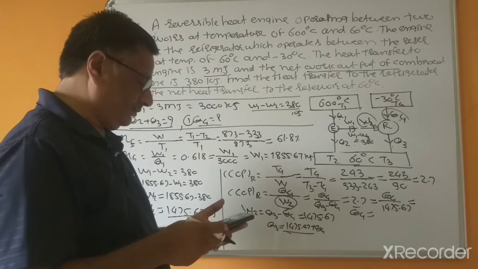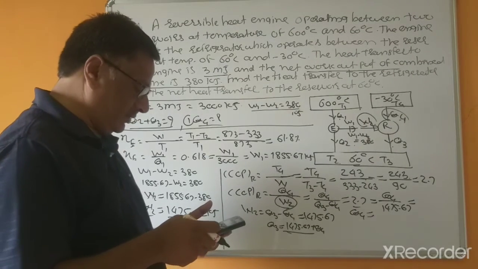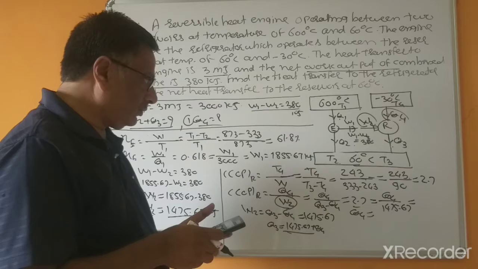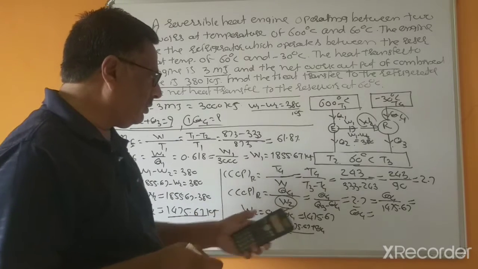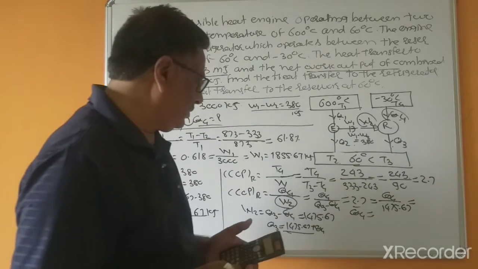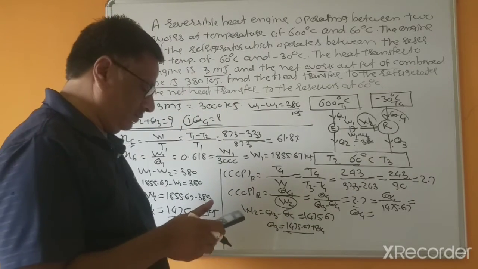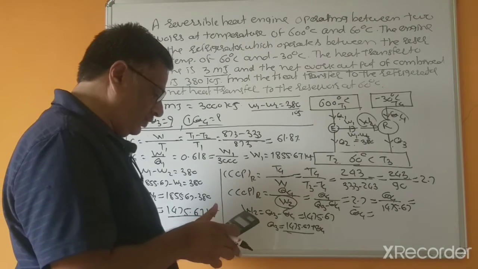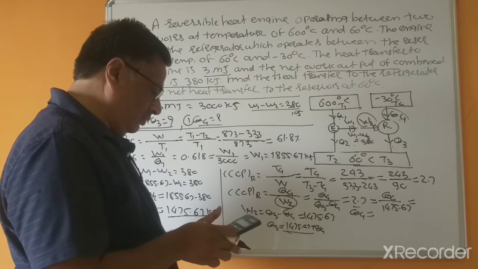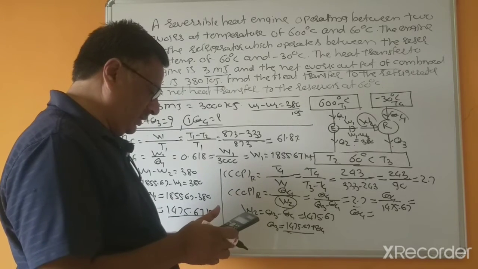Q4, amount of the heat rejected, or amount of the heat absorbed, 147.567 multiplied by 2.7.